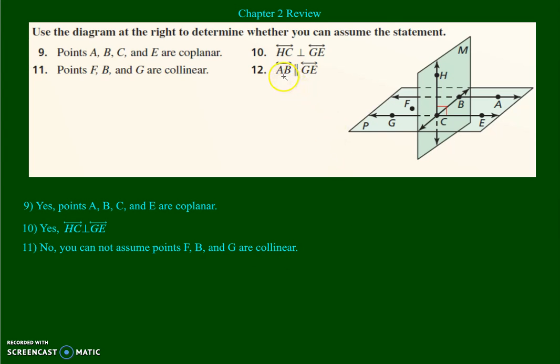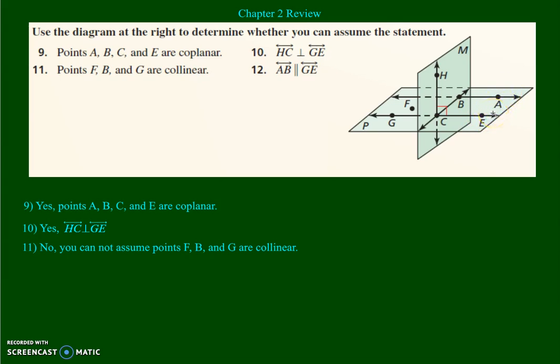Problem 12 asks, can we assume line AB is parallel to line GE? So here's line AB, here's line GE. There are no special parallelism marks on these lines. There are no angle markings anywhere on these lines, so there's no indication of any relationship between the parallelism of these two lines.